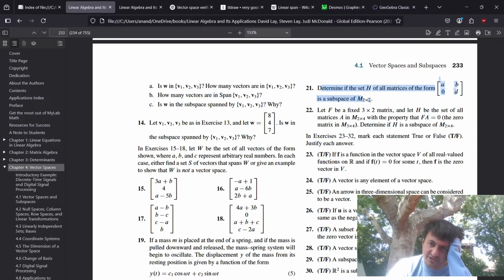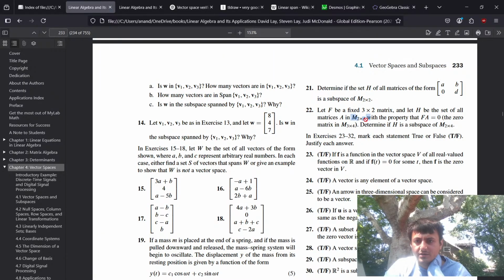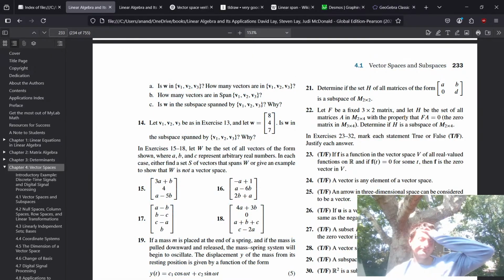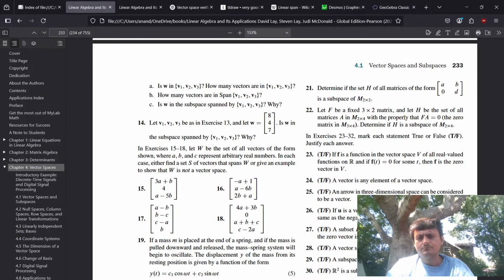Let F be a fixed 3 by 2 matrix, and let H be the set of all matrices A in M 2 by 4, with the property that FA... Ooh, this is probably the best problem we've had so far.